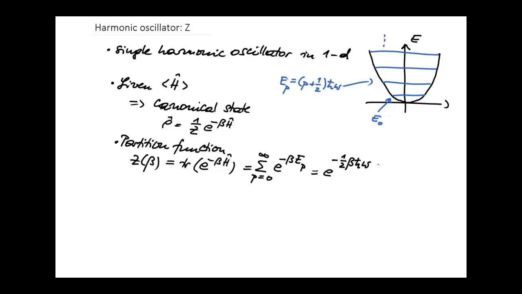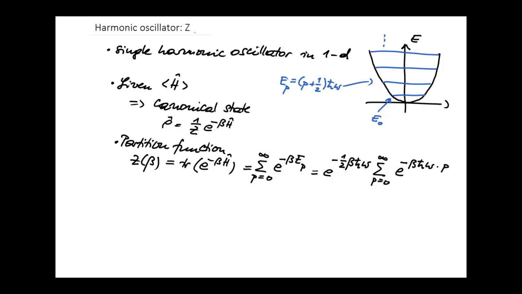And we are left with the sum over p from 0 to infinity of e to the minus beta h bar omega times p. So this is the blue formula for the pth energy eigenvalue inserted into this formula for the partition function, and then we obtain this form.